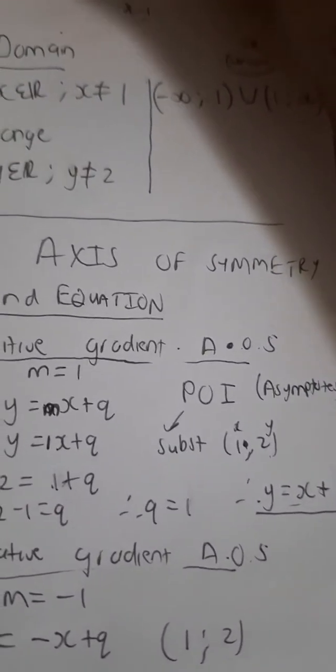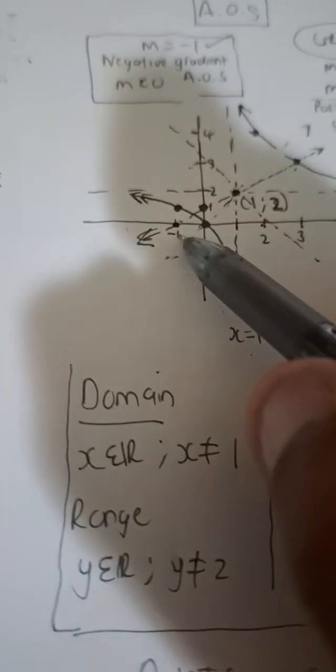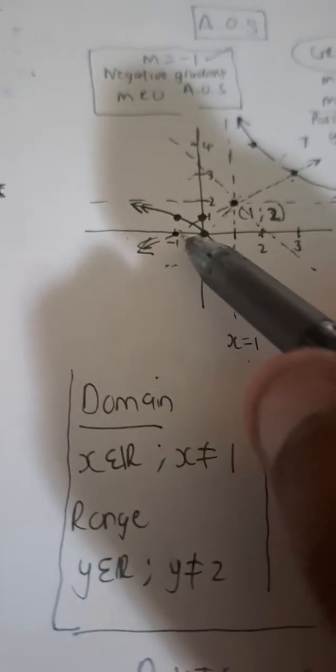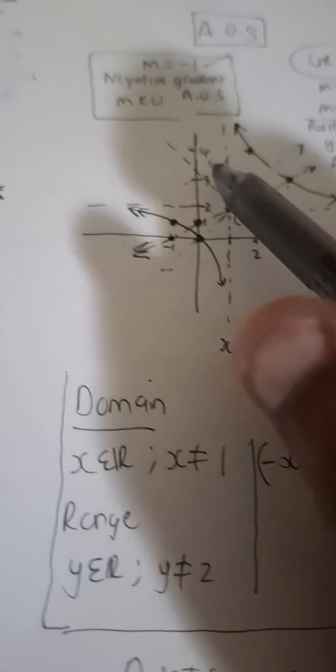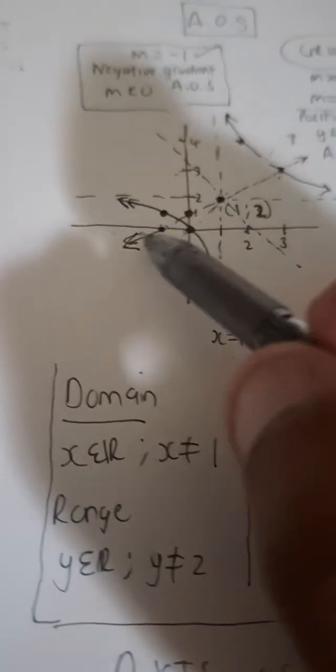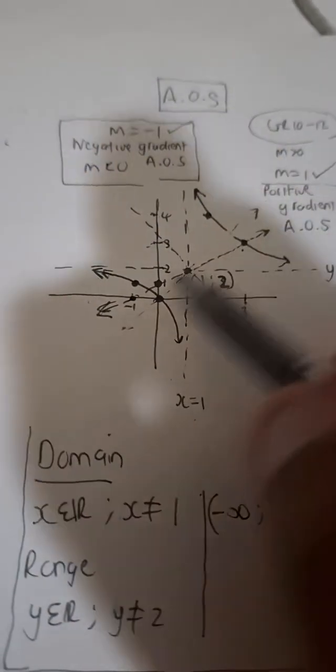The x-intercept: that straight line cuts the x-axis at x is equal to negative 1 if you let y be equal to 0. And if you let x be equal to 0, it cuts the y-axis at 1, passing through the point of intersection. There it is, the positive gradient axis of symmetry, y is equal to x plus 1.